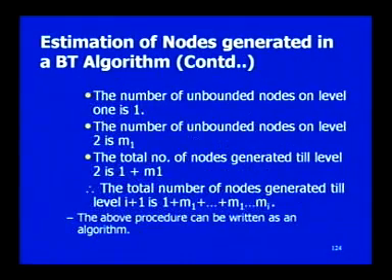In the first level you have one node, in the next level you have two nodes, and in the next level you have 4. So, it is multiplied by 2. The number of nodes will become 1 plus 2 plus up to the number of levels you have.